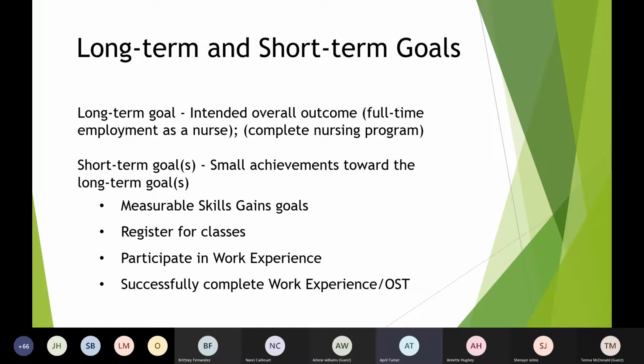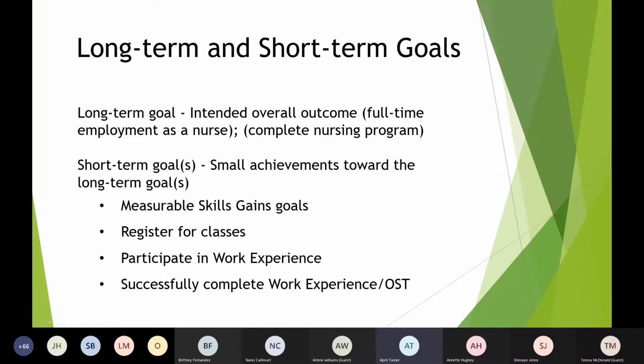These are all short-term goals, and sometimes they're big steps, especially with young people who have never been in the workforce. Going to someone strange to speak about a job sometimes can be intimidating. And so these are short-term goals that they can be successful at and be proud that they were able to do it.